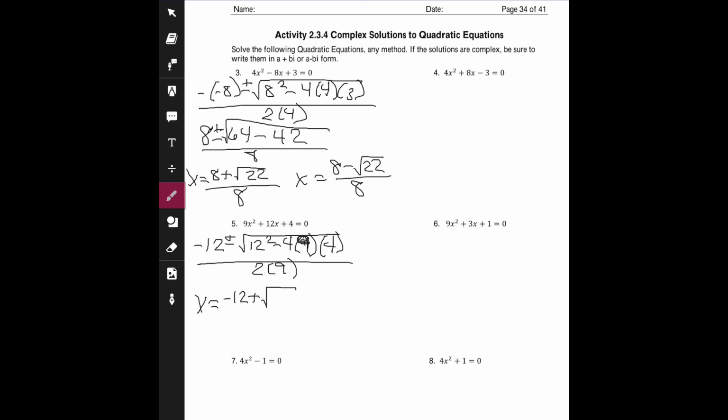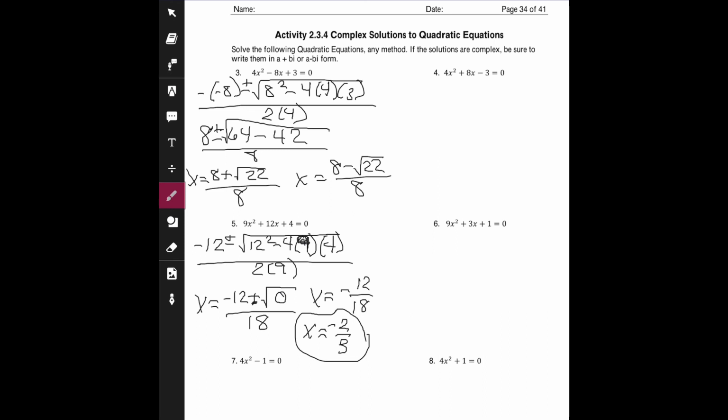So 144 minus 144 is 0 over 18. And so we can't plus or minus the square root of 0. It's just 0. So you're going to get x equals negative 12 over 18. And you can easily simplify that to x equals negative 2 over 3. And remember, because that discriminant is 0, you get one solution.